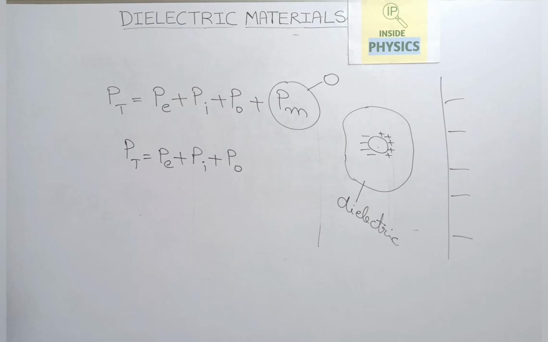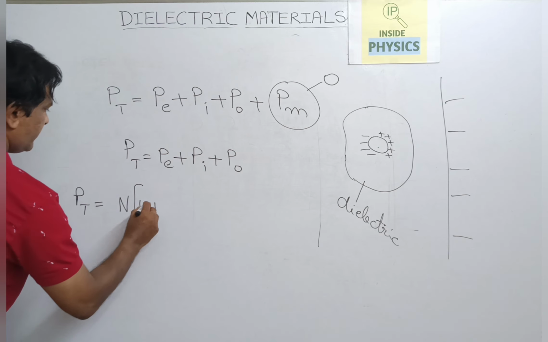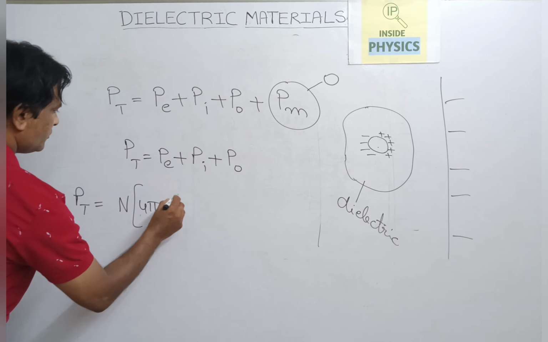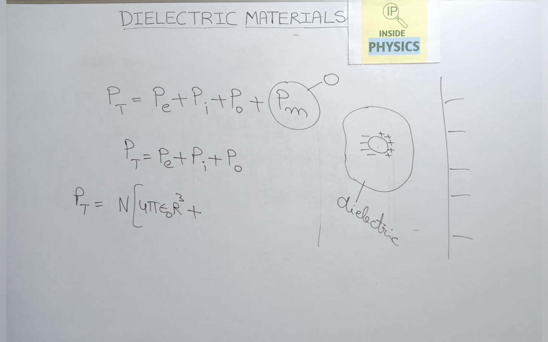if you write all the relations we have derived, the total polarizability is equal to n into 4 pi epsilon naught r cube. This is for electronic polarizability.